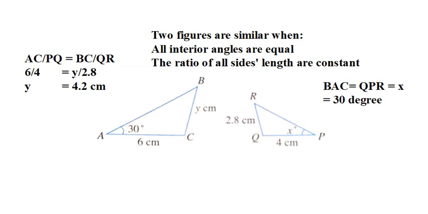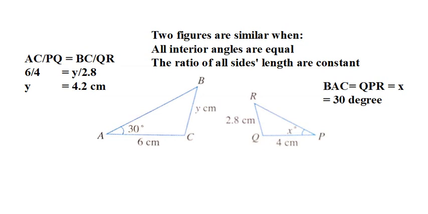So that means here is also PQR, QPR, my mistake. So BAC is equal to QPR, which is x, which is 30 degrees. Again, we have to observe things closely, and then we can check it on the adjacent line.